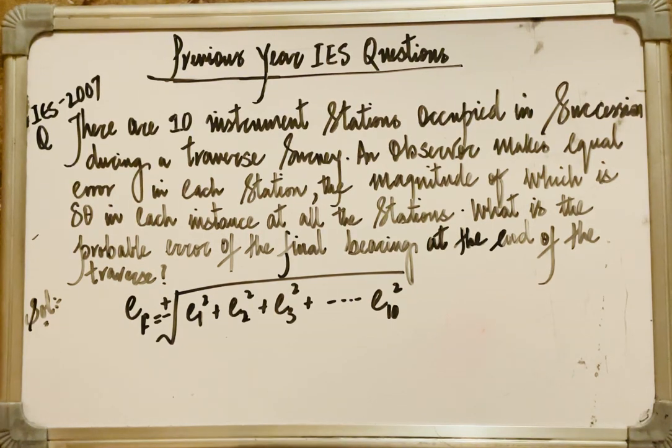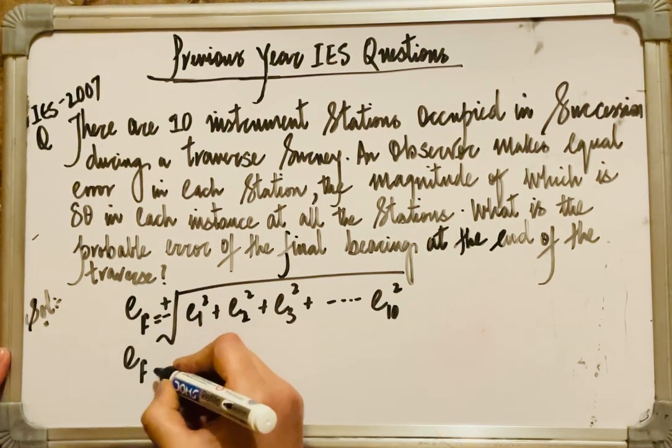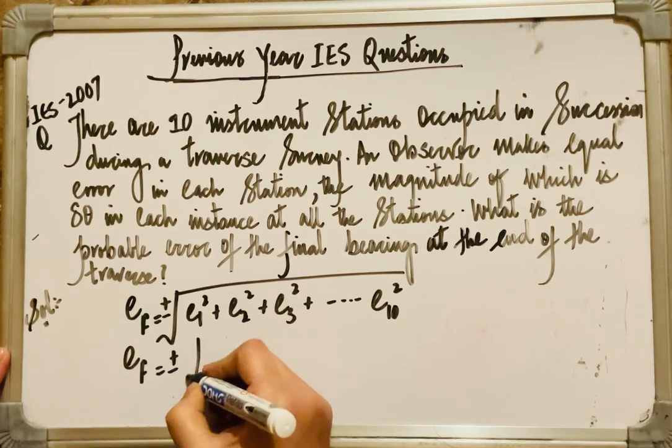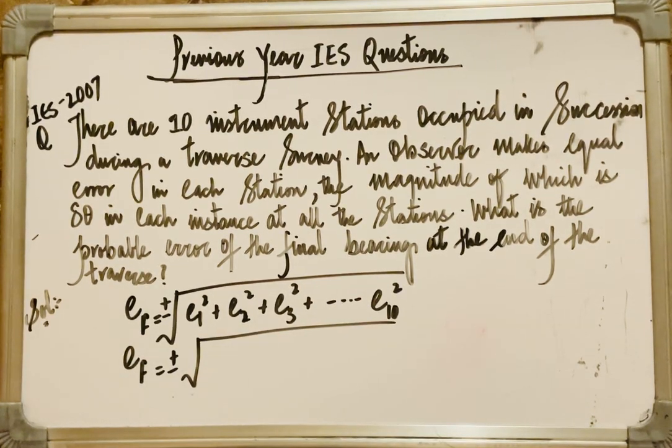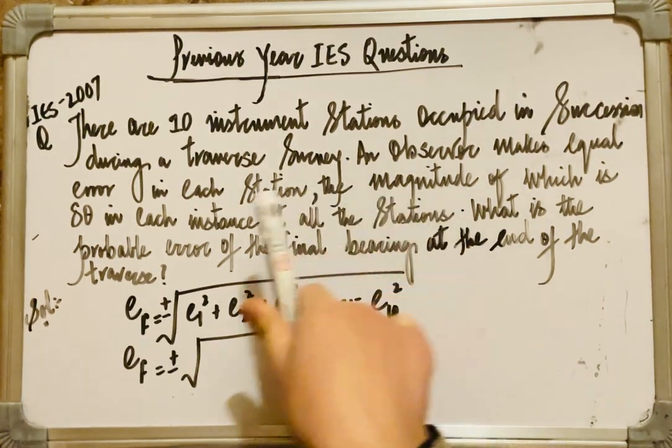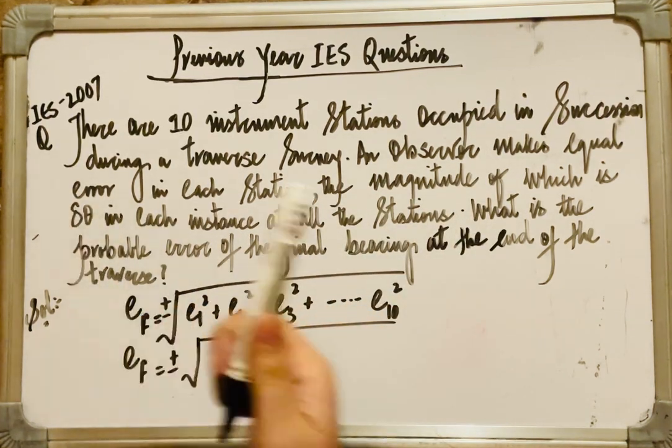All right. Then the probable error in the final bearing is equal to plus minus the square root of, each station has the same magnitude of probable error, which is equal to delta theta.